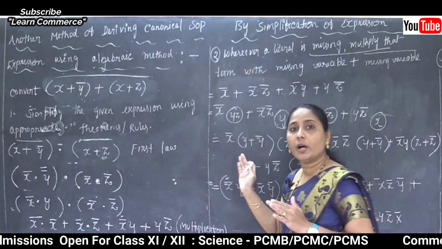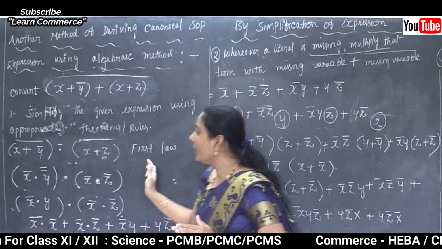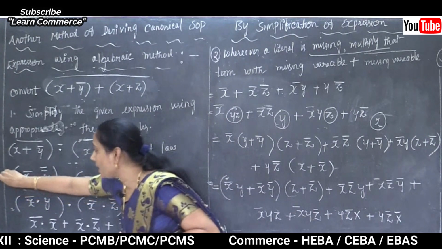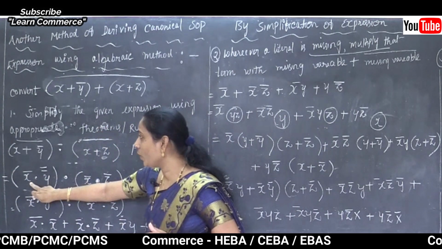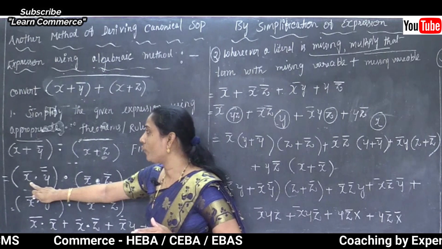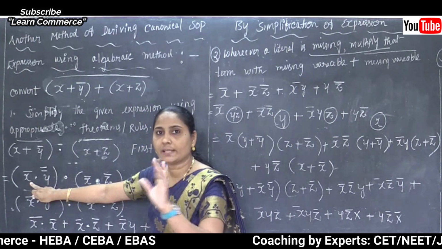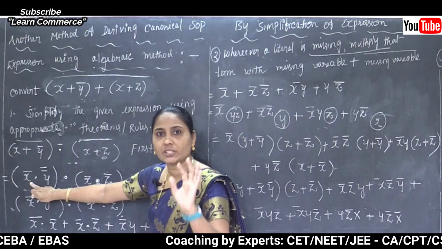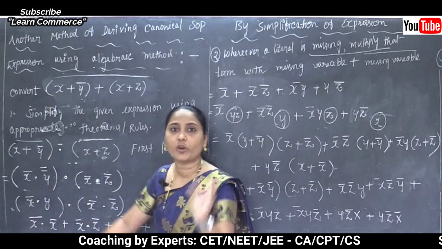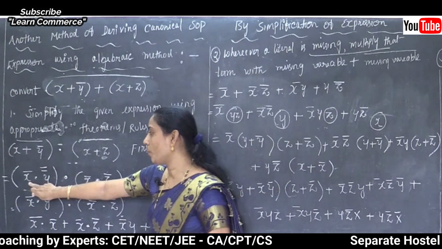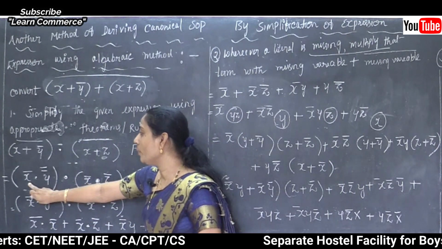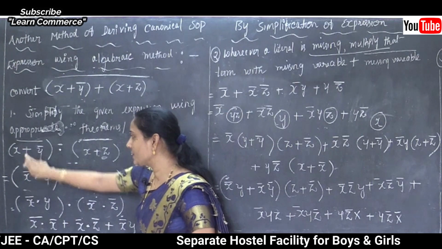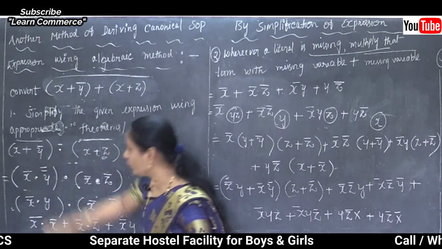We need to use such lines. And next, how am I writing the next line? Opening of the parenthesis, complement of x. Why? Because for x there is no complementation of its own, just the complementation for the entire function. So I use complement of x. Now a plus sign is there, so I am changing such a plus sign to the dot.